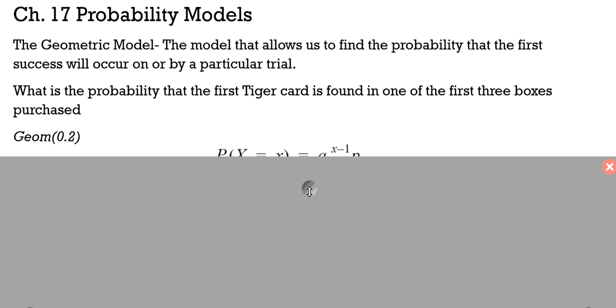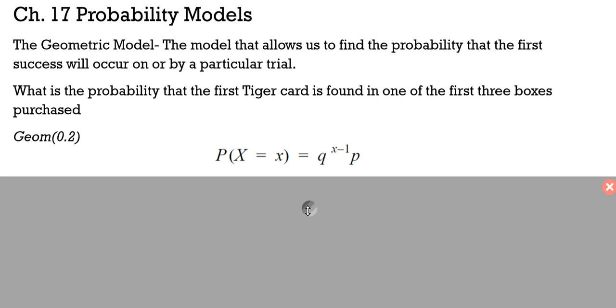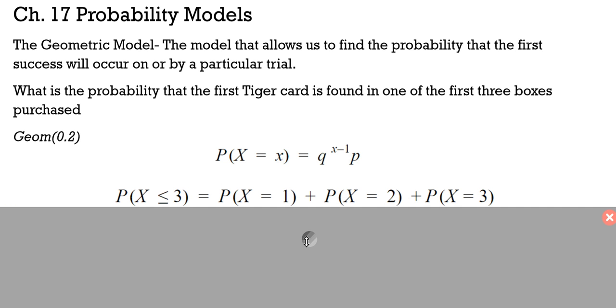So really what we're doing is we're still using this, except we're now looking to expand it out a little bit because what we're looking for is the probability that X occurs by the 3rd trial. So it's less than or equal to 3. So we're looking for the probability that X is equal to 1 plus 2 plus 3, because it's either the 1st or the 2nd or the 3rd trial. So that's what we're really doing right there over and over.